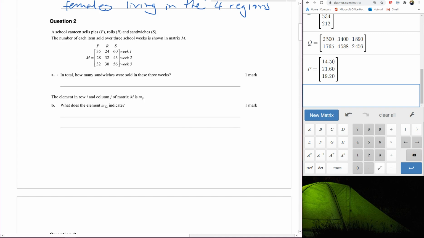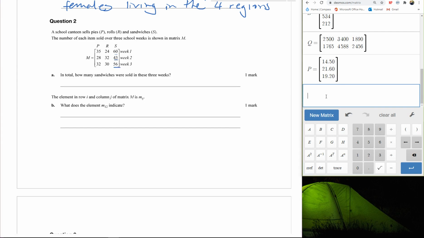Okay, so in total, how many sandwiches were sold in these 3 weeks? So if we're looking at the sandwiches, we're looking at this column here, the third column. How many sold over the 3 weeks? So we're going to basically add 40, 60, 43, and 56. So I might just do that here really quickly.